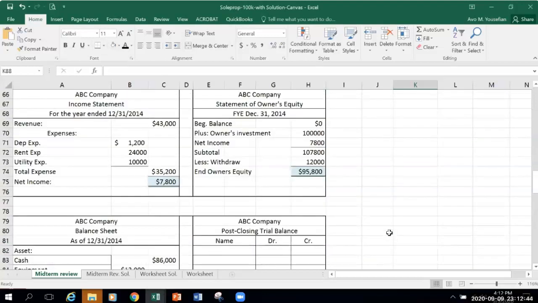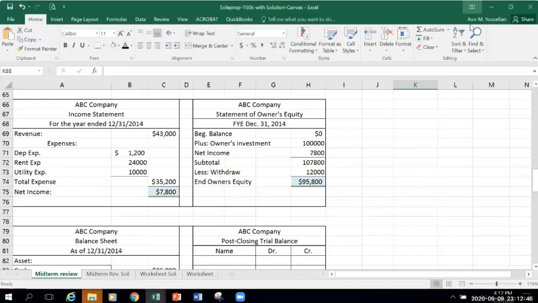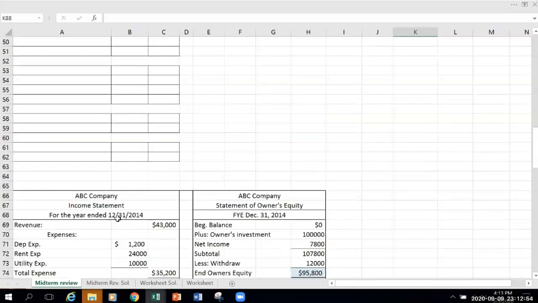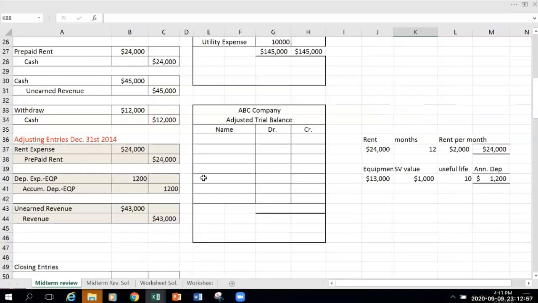Fantastic. So far we have been able to prepare financial statements. What we did today is we finished our worksheet. Using the worksheet, we entered adjusting entries. We posted them to the general ledger.